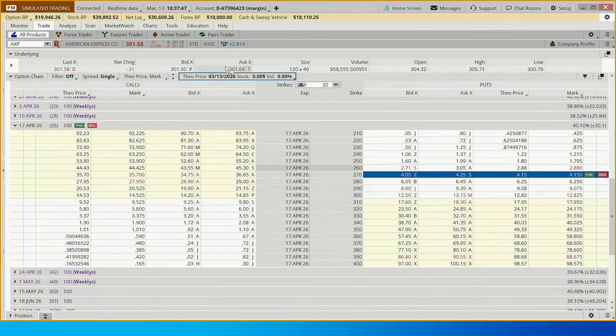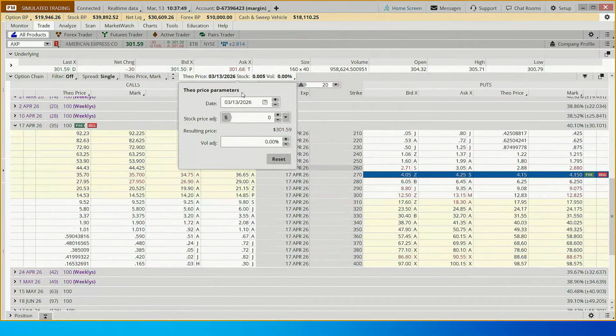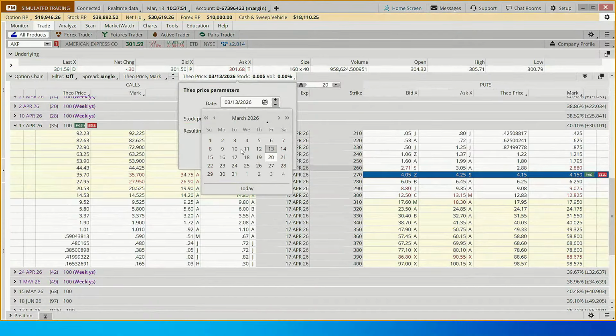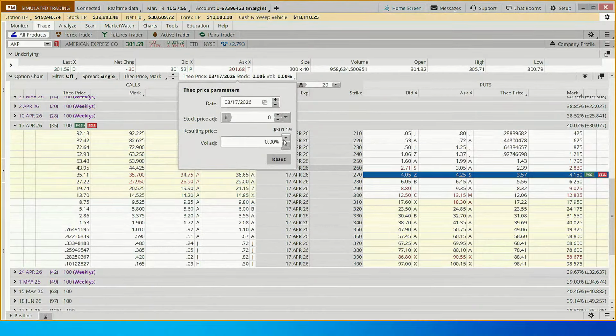And so let's say today's the 13th, by next Tuesday, St. Patty's Day, this has come down by about $10.10. Then if I just hit your enter button, it'll say 291.40. So that's close to our target.